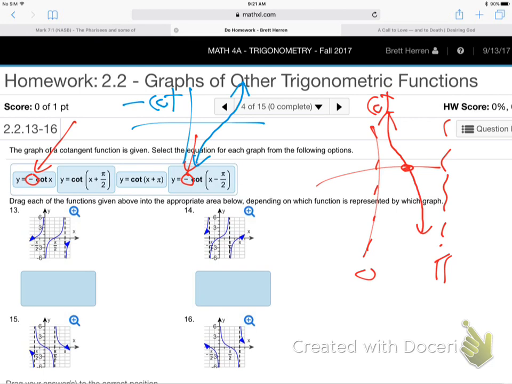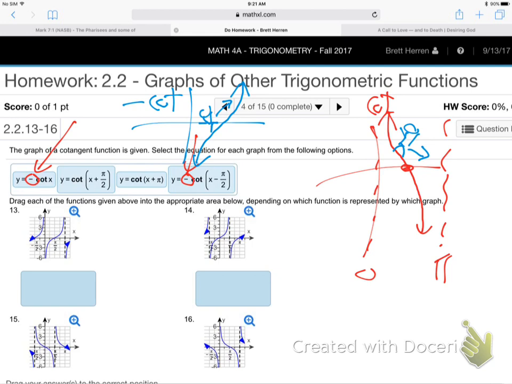So first off, the two negative cotans are going to be the normal looking snakes. Normal meaning from left to right, they climb instead of fall. The normal way we do it is if you're a little person walking on the hill here, from left to right, you're climbing all the way. That's normal tangent. Normal cotan, from left to right, you're falling all the way. It's a slide, I guess.